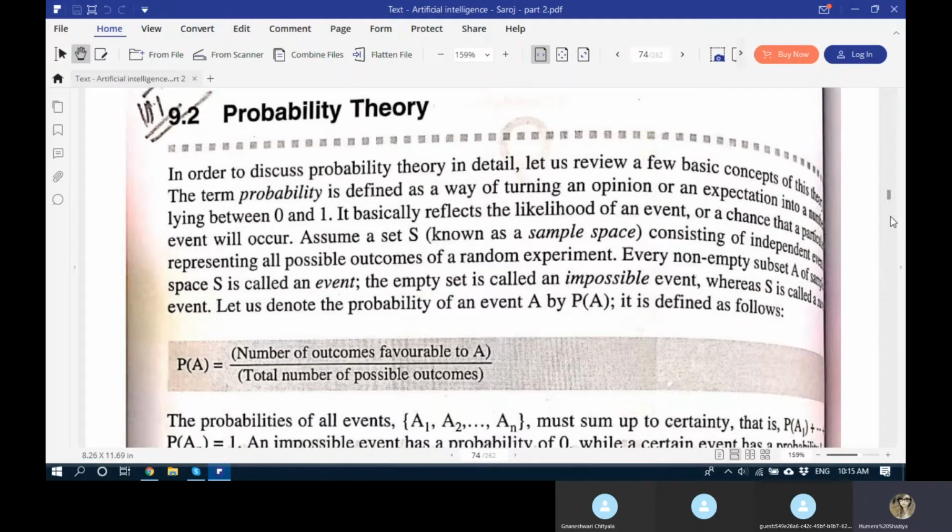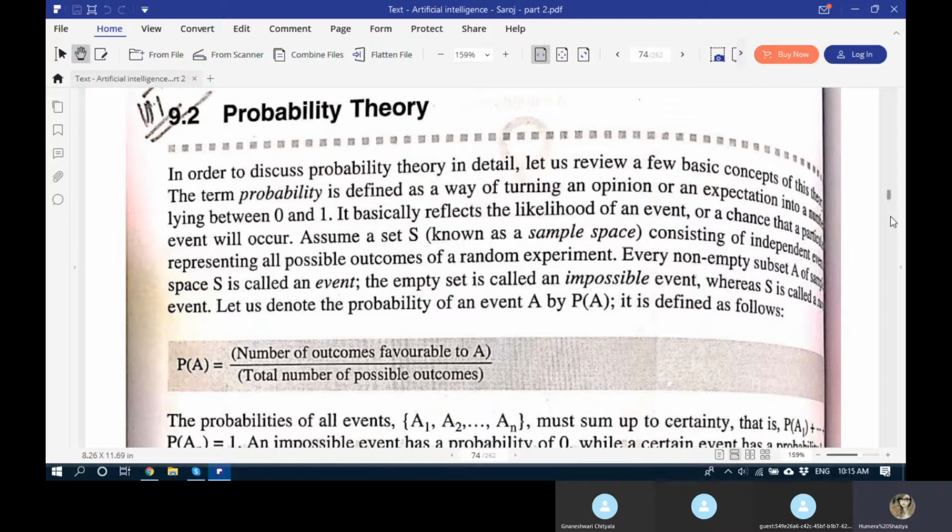It reflects the likelihood of an event. If the value is 0.9, it is more likely that that particular event occurs.